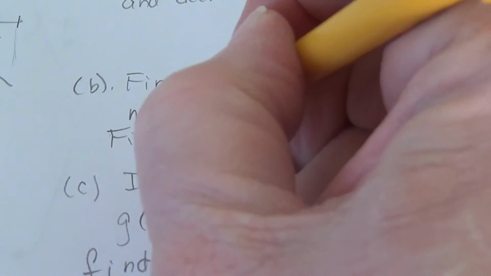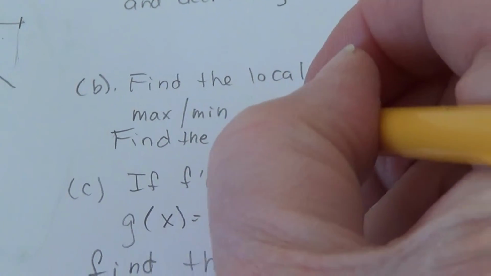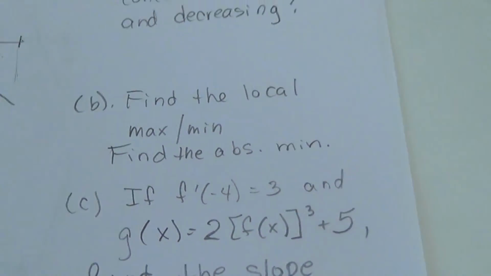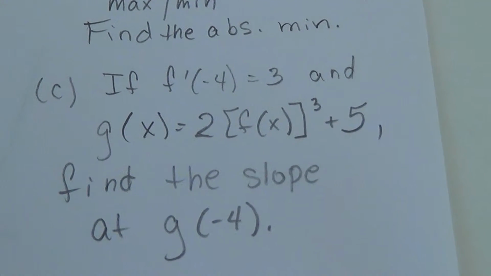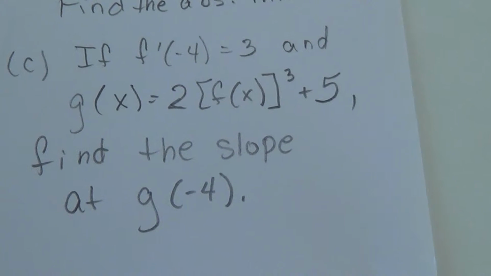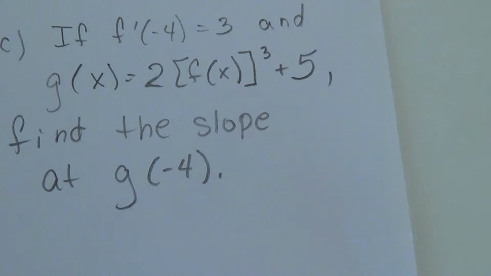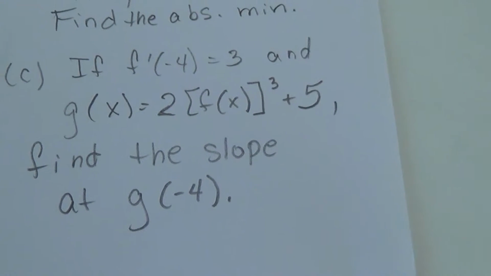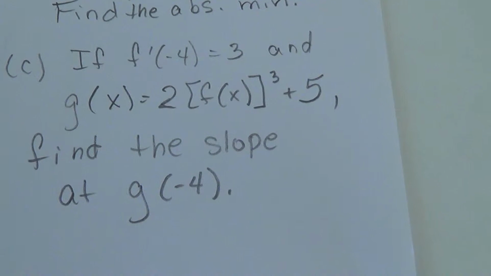Find the absolute minimum. And then part C, if f prime of negative 4 is 3, and g of x equals 2 times the function f cubed plus 5, then find the slope at g of minus 4.